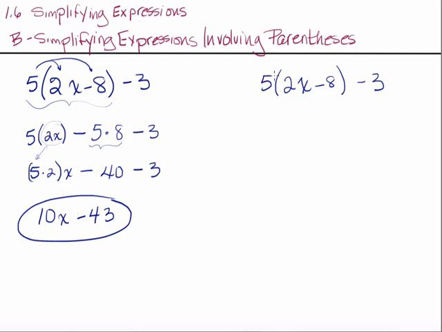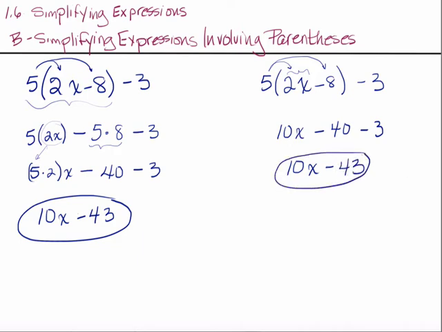So, for example, you might write this as 5 times 2x is 10x. 5 times 8 is 40. Bring down the minus. Don't forget the minus 3. And then combine the like terms, the similar terms. Same answer, one or two steps fewer than in the previous example.